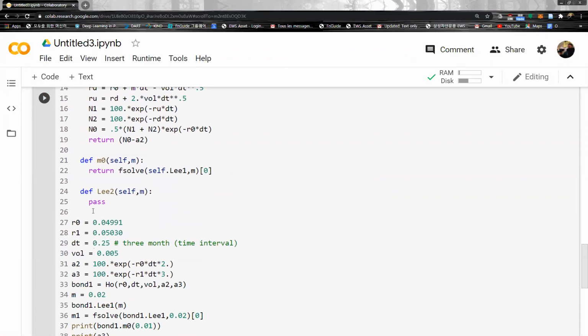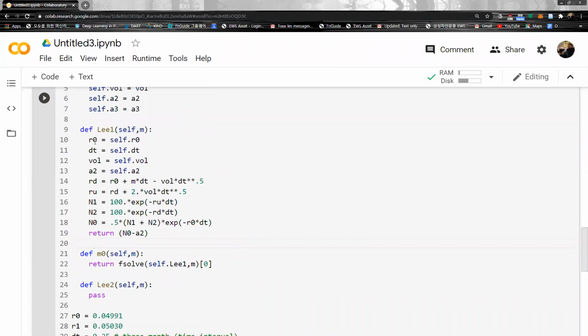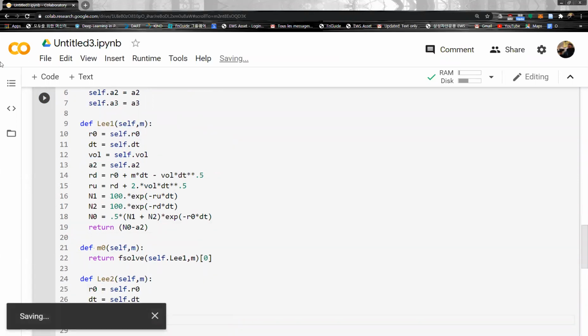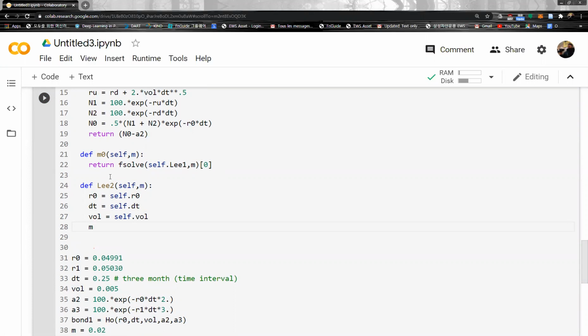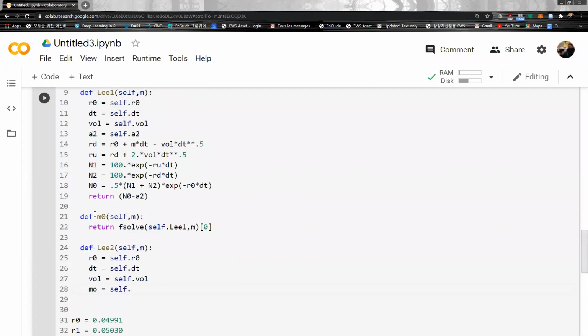Now let's define. Basically we can copy the same one over here because we share this information. And then we need, oops, a new M0. Let's say this is M0. M0 should be self.M0 over M, right?